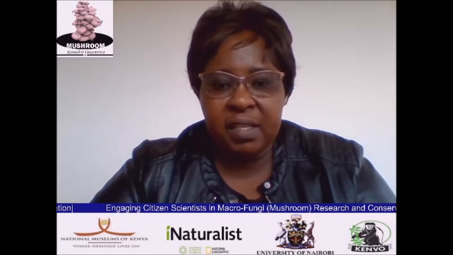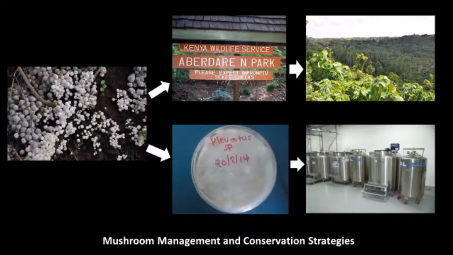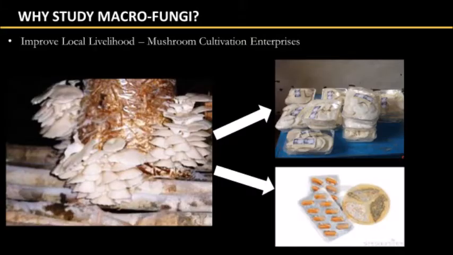We are also using the citizen science program to help us generate macrofungi diversity data, data that can be used in development of management and conservation strategies for these species. We also want to gain data that can help in expanding the mushroom industry in Kenya.